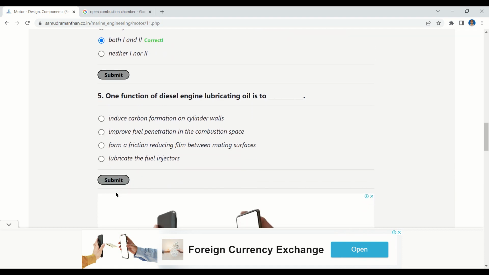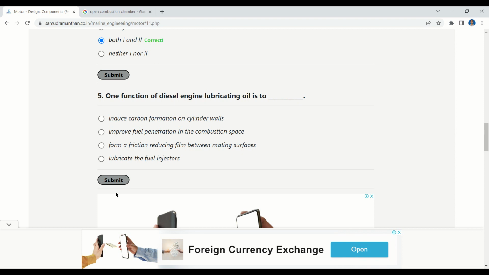One function of diesel engine lubricating oil is to induce carbon formation on the cylinder walls. This should not be the correct answer, because if carbon formation happens on the cylinder walls, it will reduce heat transfer and cause overheating of the cylinder liner.